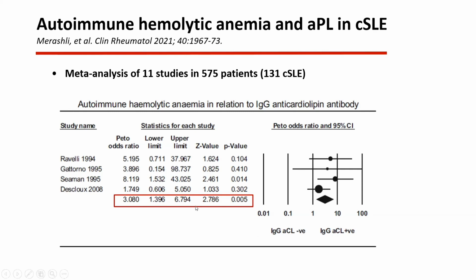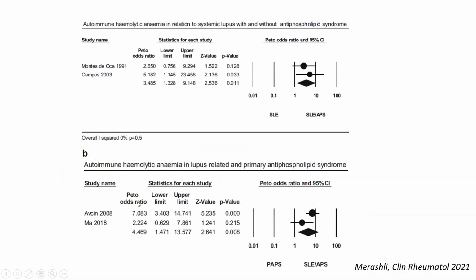And you can see that this table shows the data from patients with SLE. You can see that hemolytic anemia was strongly associated with positivity for IgG anticardiolipin antibodies, with an odds ratio of 3, in the evaluation of SLE patients without APS and SLE patients with APS.